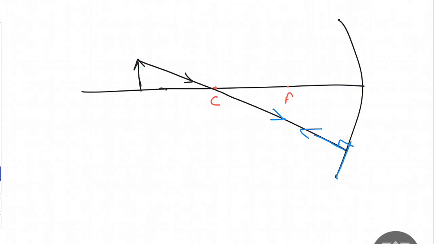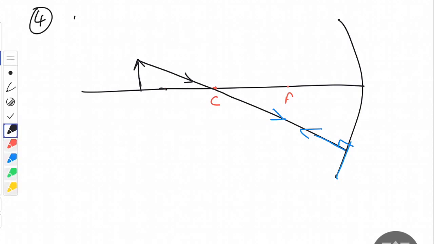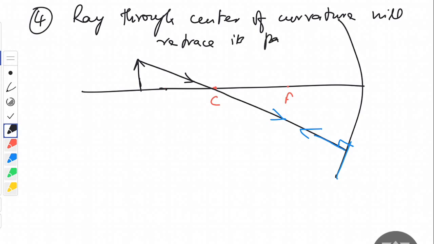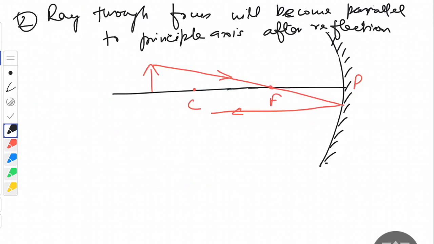Okay, so now we'll write this. The fourth behavior we know is that a ray through the center of curvature will retrace its path. Fantastic, good. So now let's go through each of the four examples.